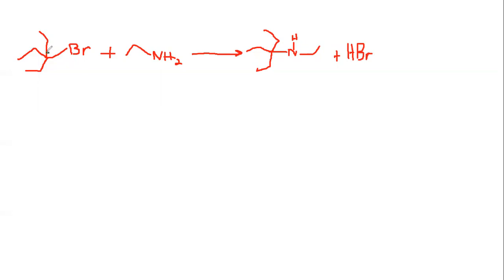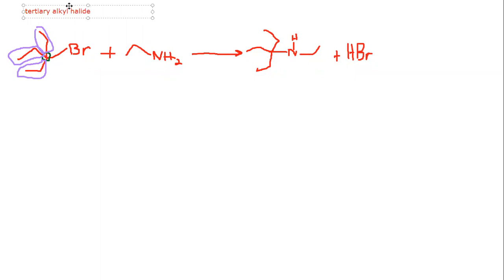Now, if we look at the alkyl halide, we look at the carbon groups or carbon sticks attached to the alkyl halide, we see that we have 1, 2, 3. So this is a tertiary alkyl halide. And tertiary alkyl halides are very bulky halides.